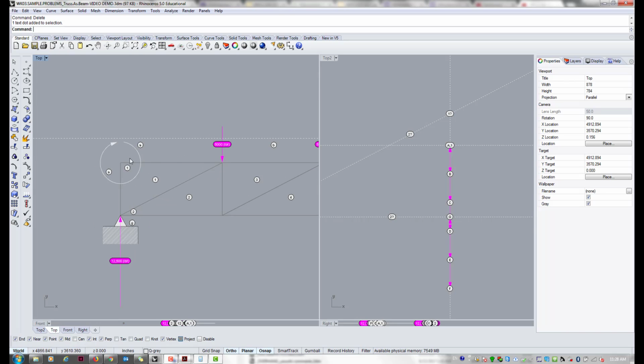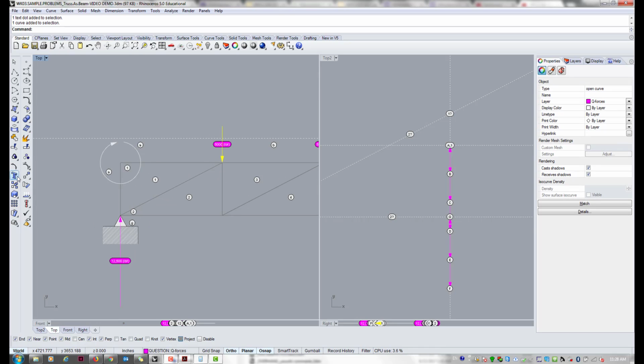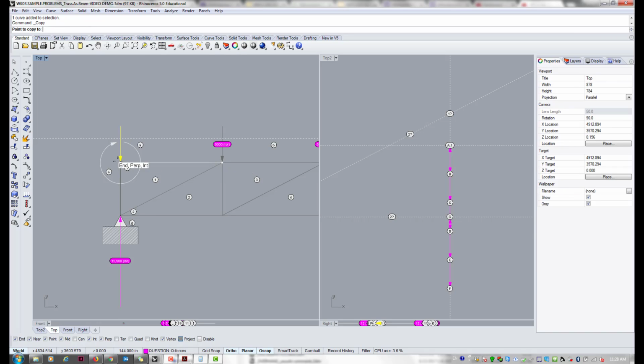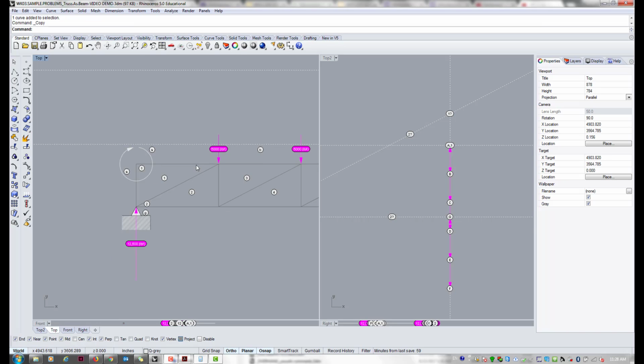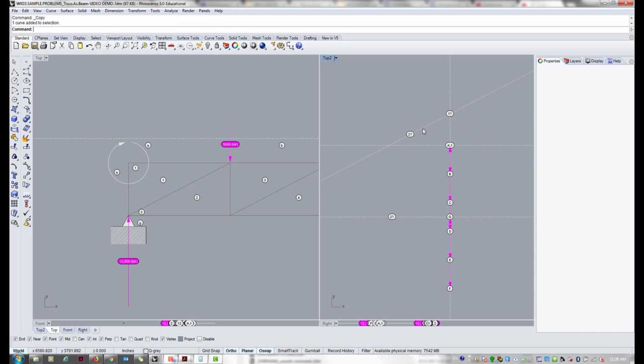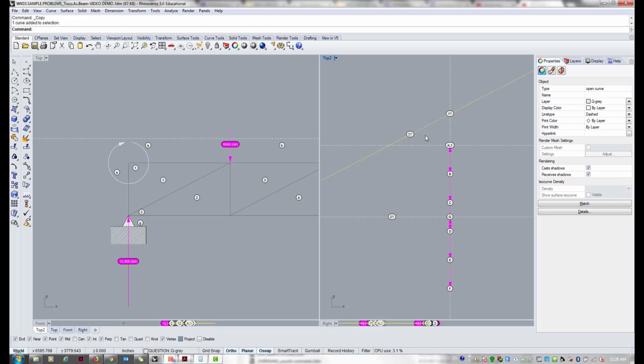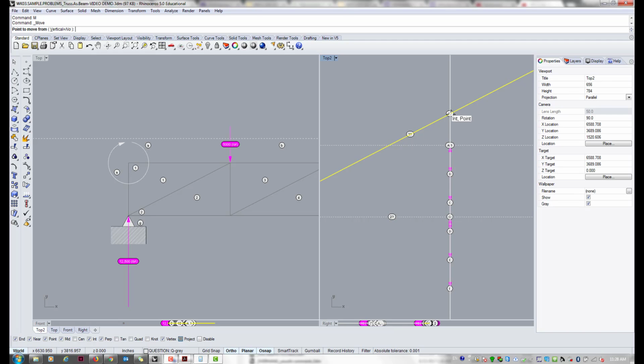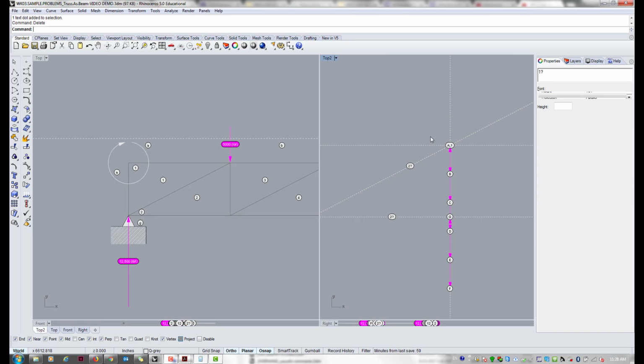Because if there's no applied load here, then these two are really not doing anything, and we can just actually cut it. And anyway, that's where point 1 is, and that actually helps us to determine where this line is.